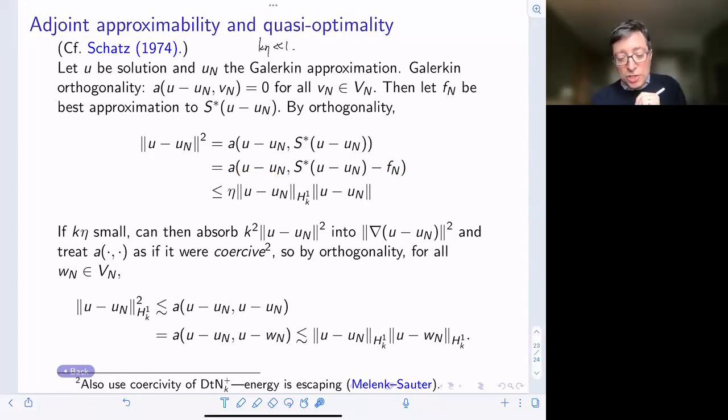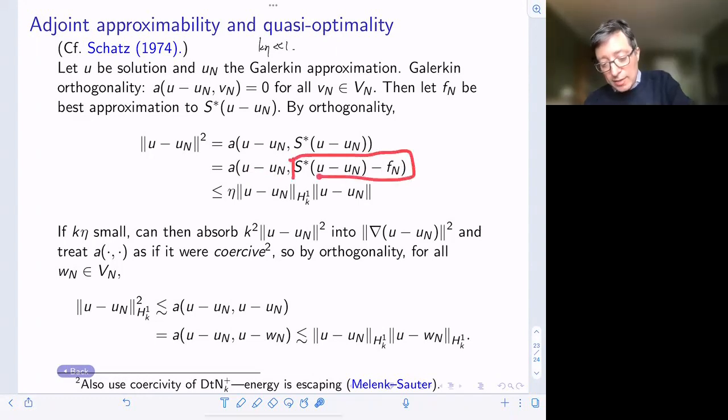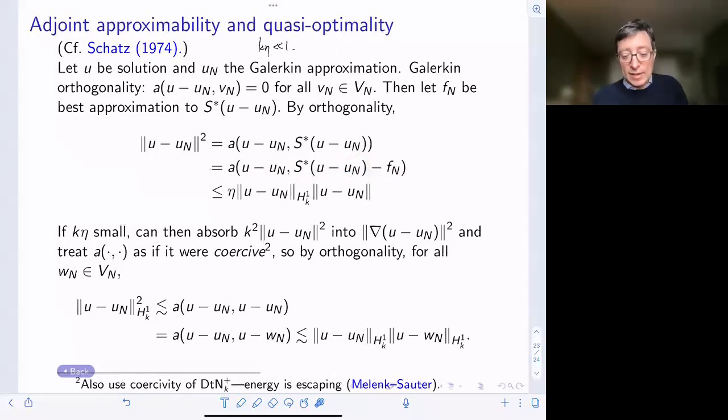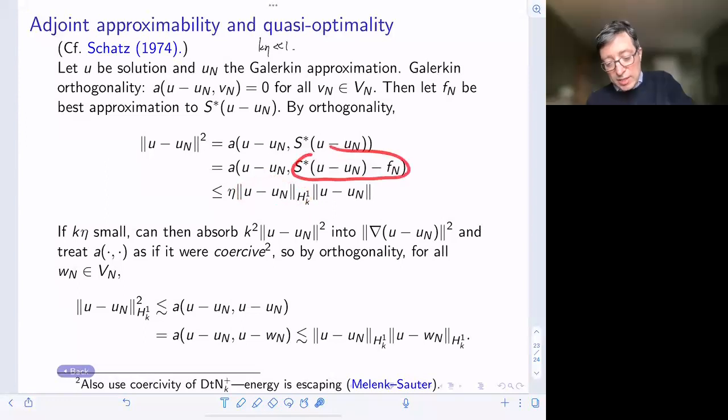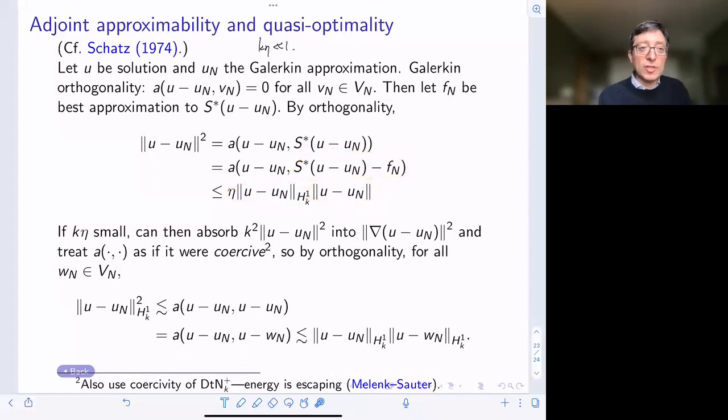And now by definition, since I've taken this best approximation here, this is bounded by my adjoint approximability norm. That's to say, this thing is bounded by some multiple of the norm of U minus UN in H1k. So by definition, this piece can be estimated this way, and then I've also got a norm of U minus UN, just estimating across this bilinear form. So here's this eta.